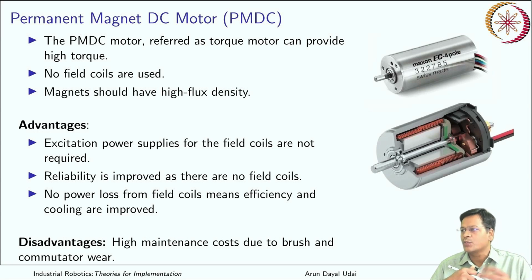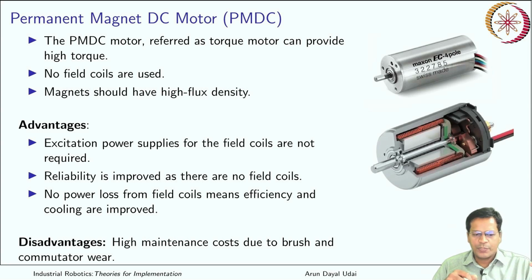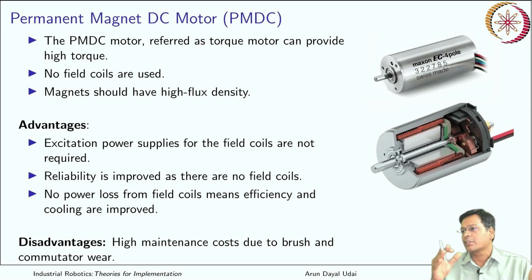That is the reason it is used as the starter of a scooter, an IC engine driven scooter, right? The magnets should have a very high flux density. In PMDC motors, the magnets are normally of a medium type, having a very powerful field. No field coils are used in a PMDC motor.